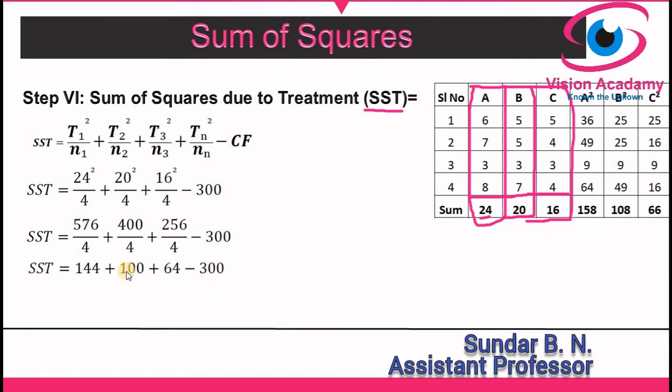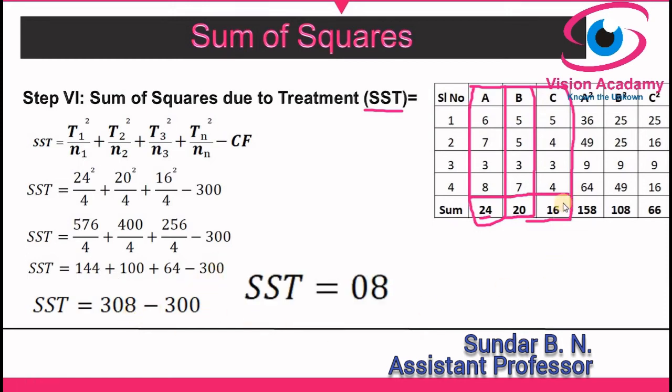So 576 by 4 is 144, 400 by 4 is 100, 256 by 4 is 64, minus 300. Adding the positive values gives 308. So when we subtract the correction factor 300 from 308, we get the sum of squares due to treatment as 8.